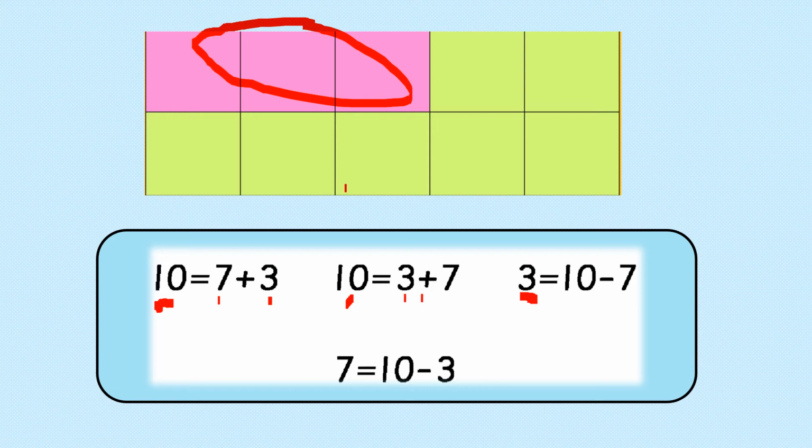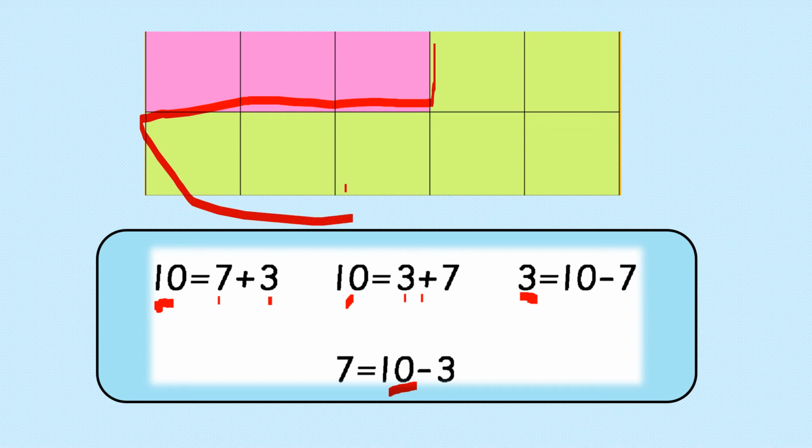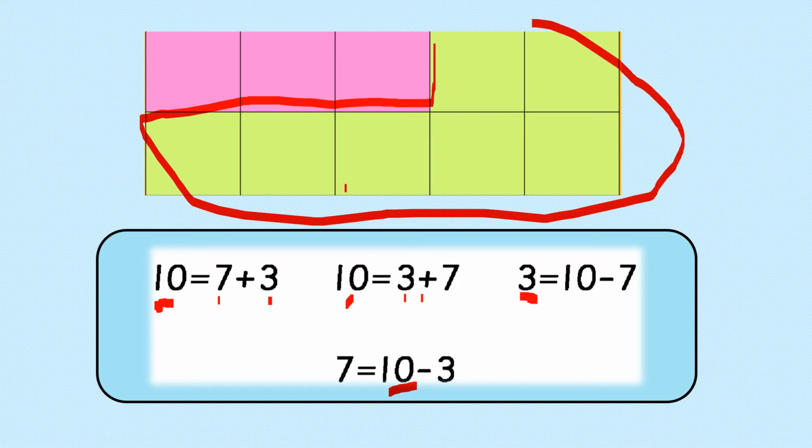That's right. And then the last one, sorry, I'm just going to rub that out. The last one is 7 equals 10 take away 3. If I have 10 as my whole, if I take away the 3 pink, how many do I have left here? I have 7.